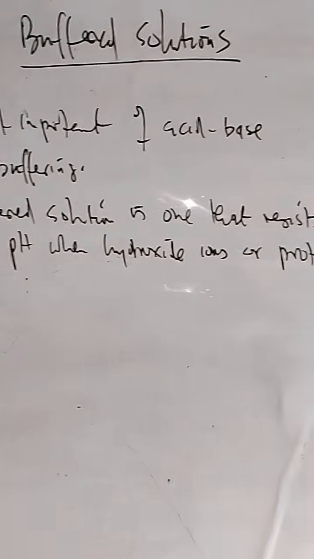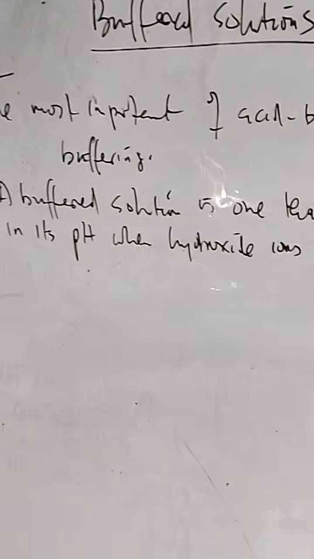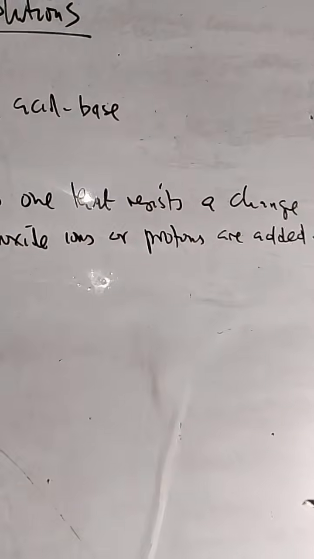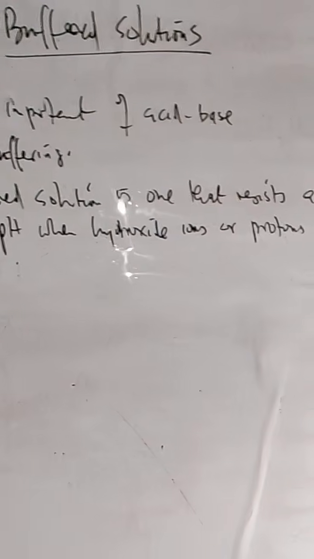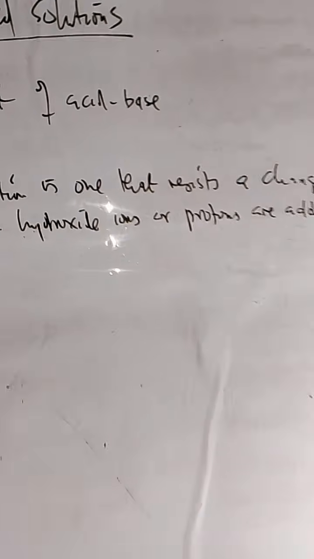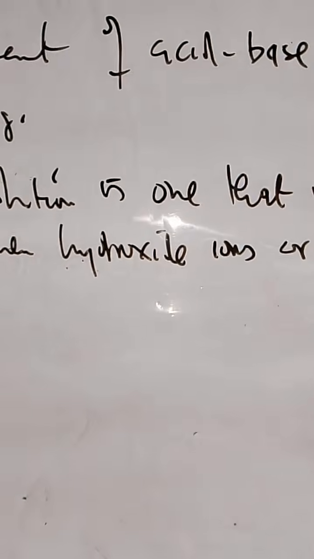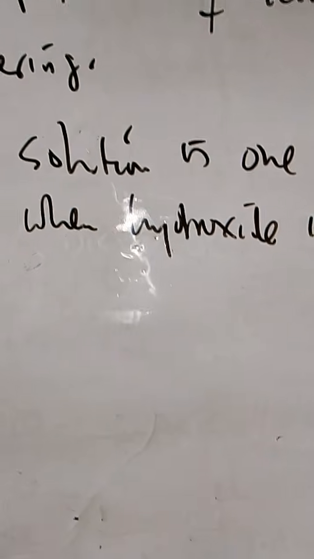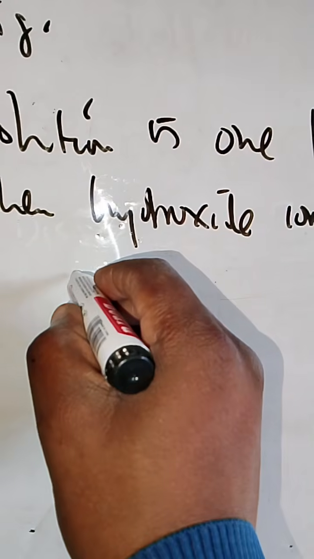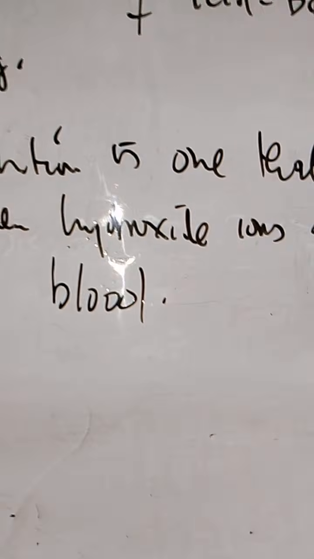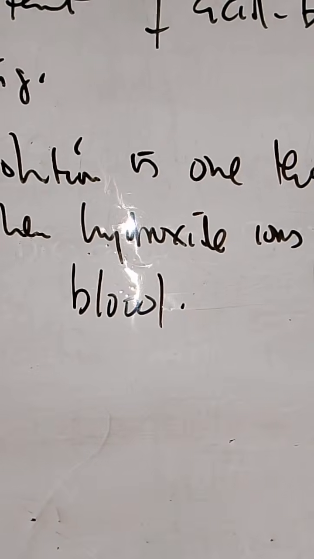A buffered solution is one that resists a change in its pH when hydroxide ions or protons are added. Okay, so the most practical example of a buffer is our blood.